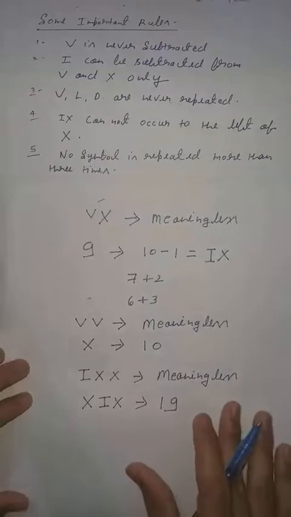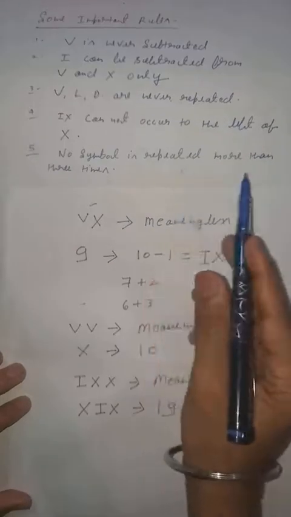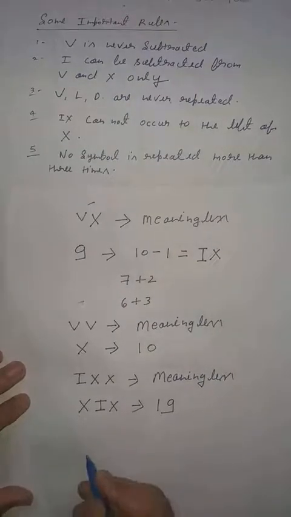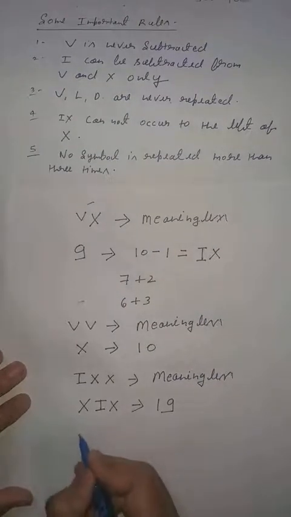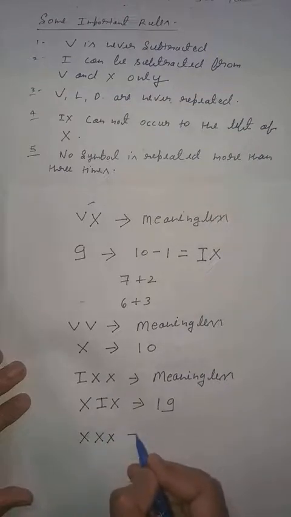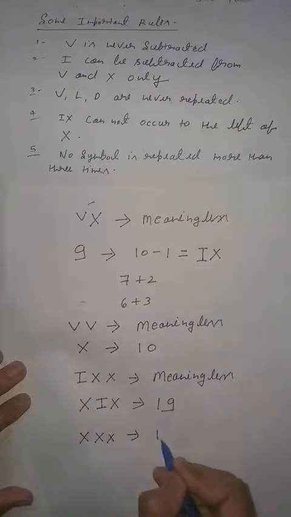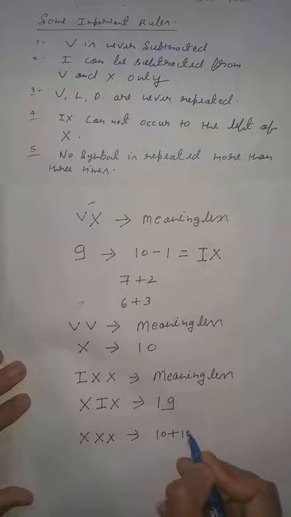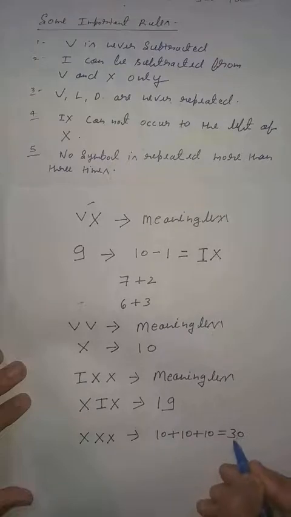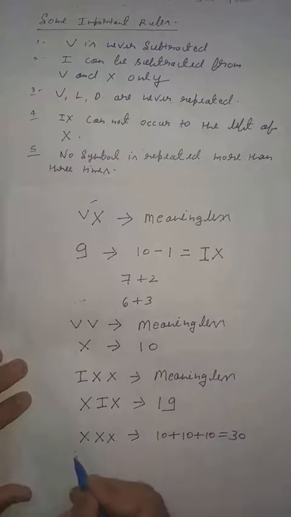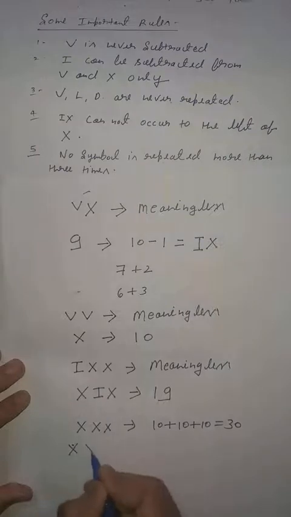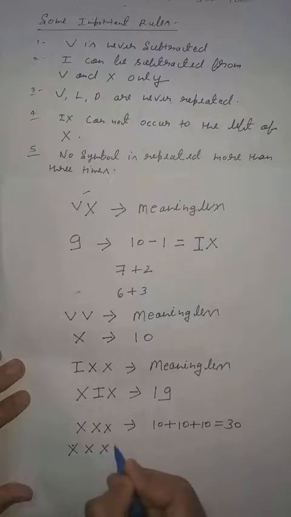Now, next rule is no symbol is repeated more than 3 times. Clear na? So, if you are writing x, x, x, it means what? It means 10 plus 10 plus 10. It means 30. But if you are going to write this, it is 10 four times.